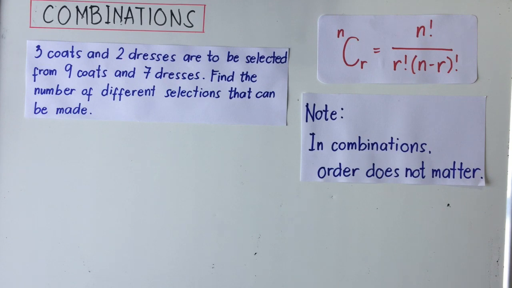So the next example is this one. 3 coats and 2 dresses are to be selected from 9 coats and 7 dresses. Find the number of different selections that can be made.